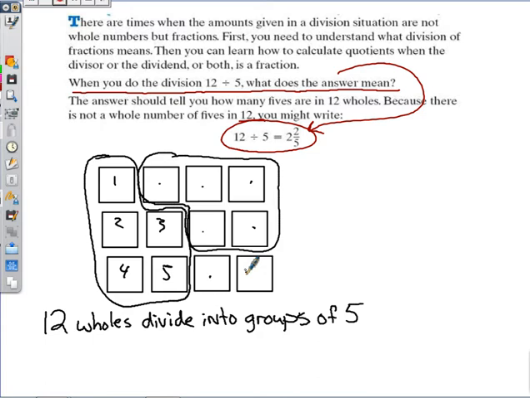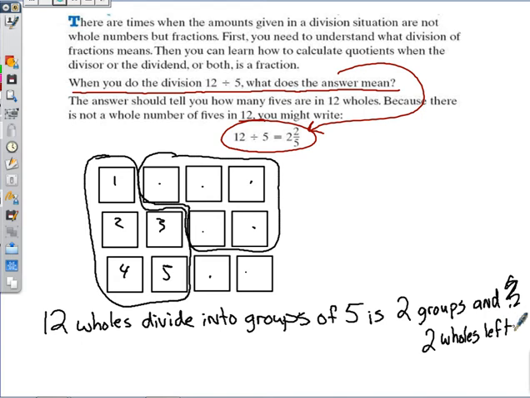12 wholes divided into groups of 5 is 2 groups and what? What's left over? There are 2 pieces left over. So, 2 groups and 2 wholes left when I need 5 wholes in a group.